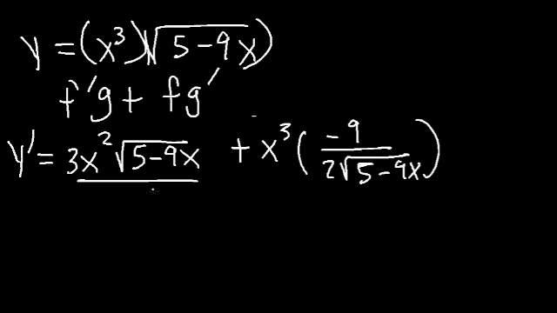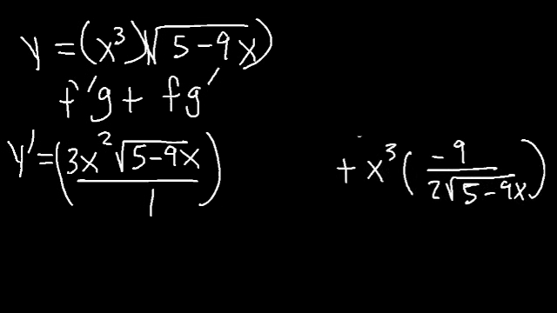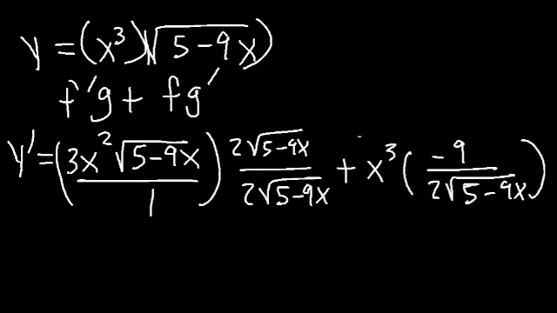So what we can do is multiply the second fraction by 2 radical 5 minus 9x. Now sometimes, depending on your teacher, you may not have to simplify it, but in some exams you may actually have to simplify it. But if you need to simplify it, this is what you should do. So now that we have the same denominator, let's multiply these things on top.